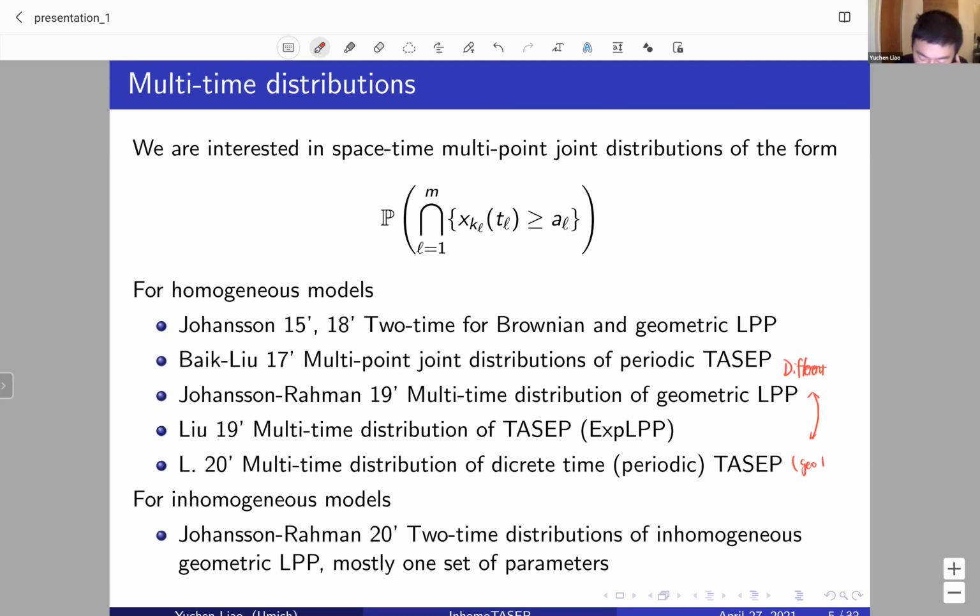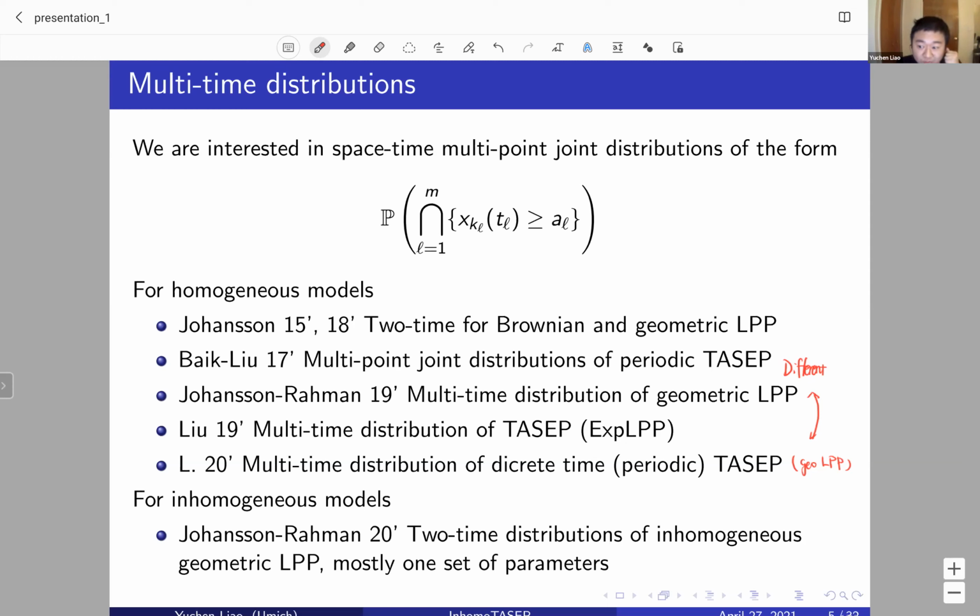They are the same thing basically. But I'm not going to talk about that in detail today. So today I'll mostly focus on a continuous time TASEP or exponential last passage percolation, but with two sets of parameters here.